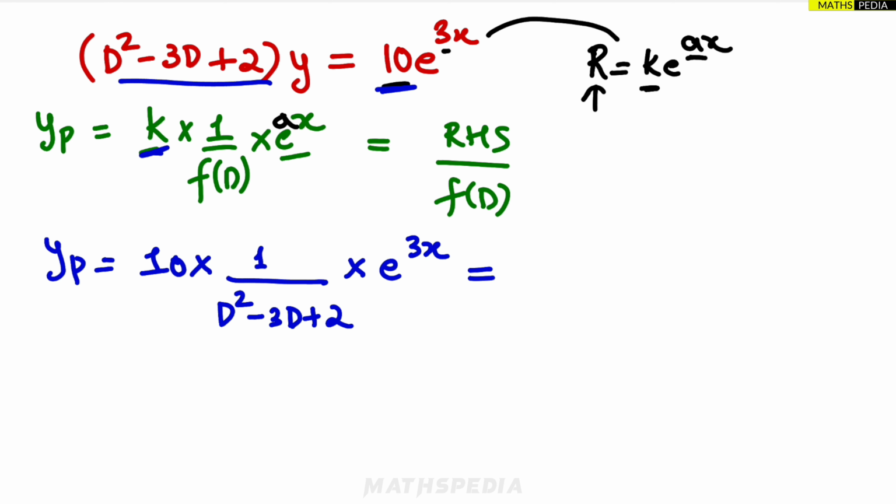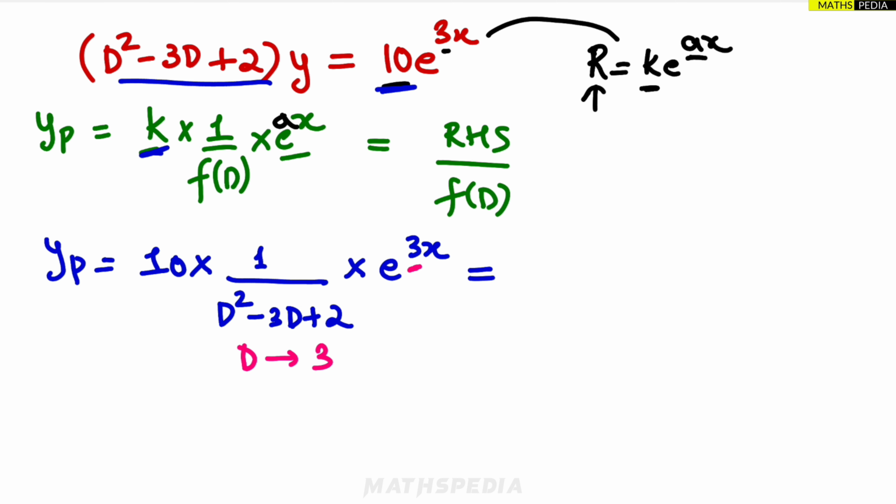We have to understand that here we are going to substitute the value of a, which is nothing but 3, in place of d. So d we are going to substitute as 3.